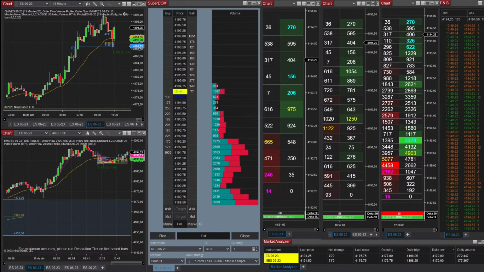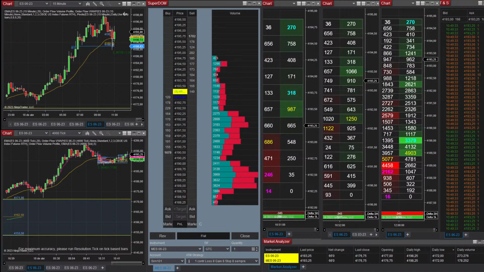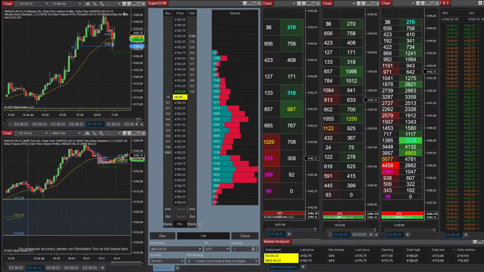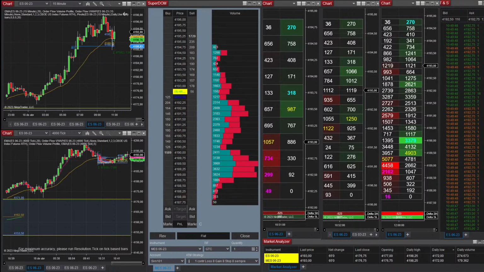The filtered times and sales, I think, is interesting because for bold moves, for relevant moves, we need to see lots of contracts, either bulls or bears spending lots of contracts.